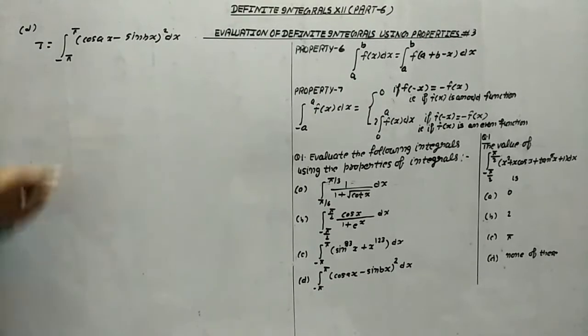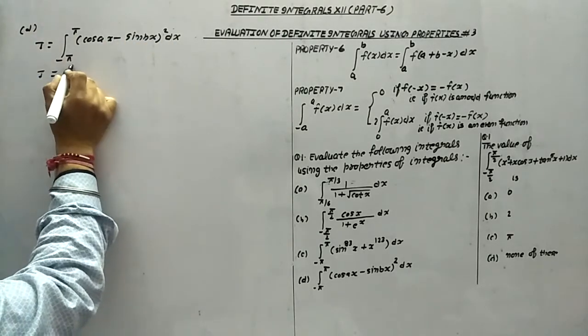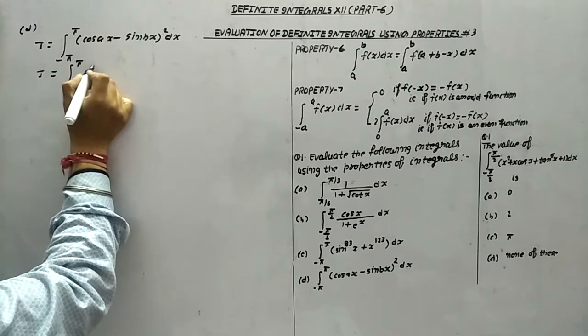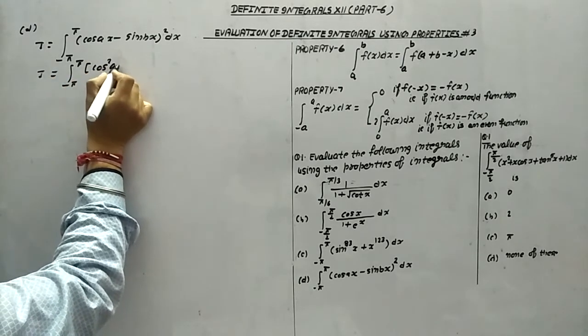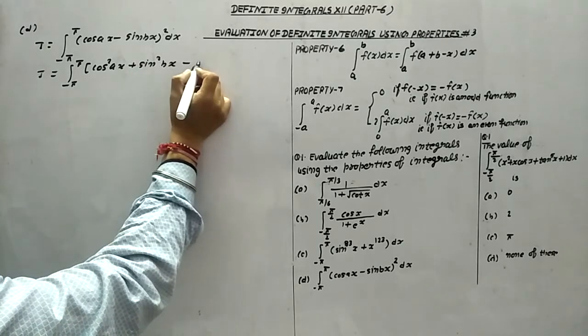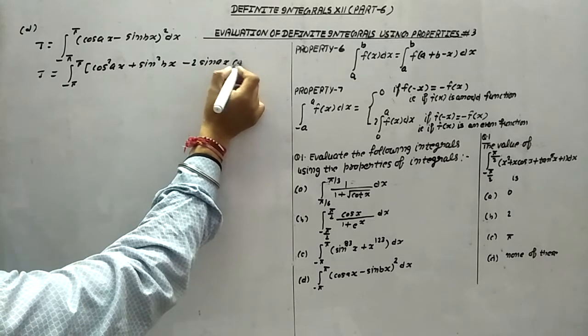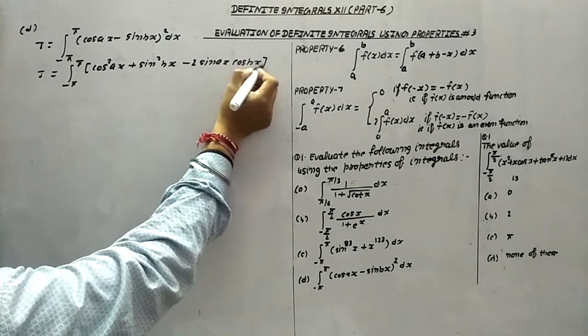Now in this D part we have to evaluate this integral. First of all, what we will do, the integral from minus pi to pi of cos square ax plus sin square bx minus 2 sin ax cos bx dx.